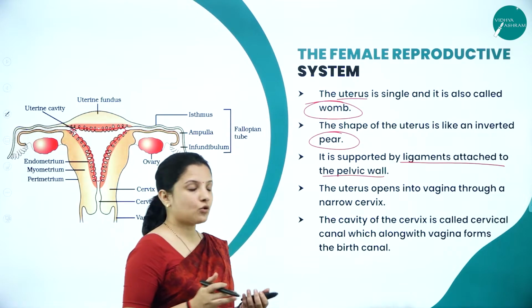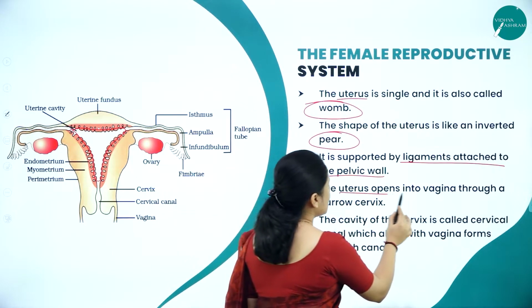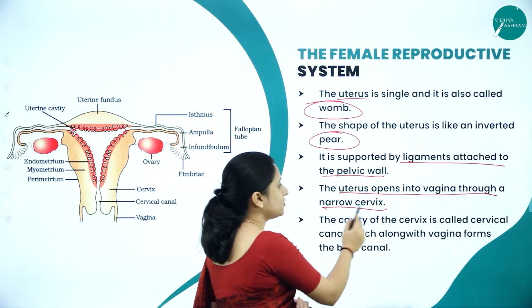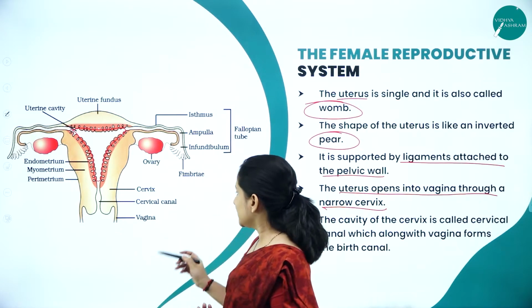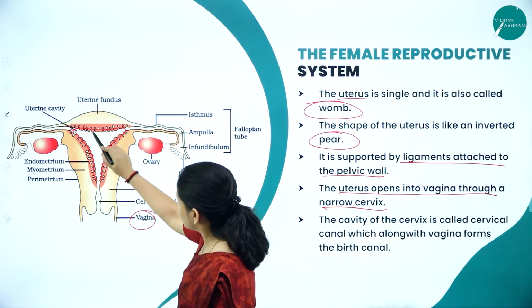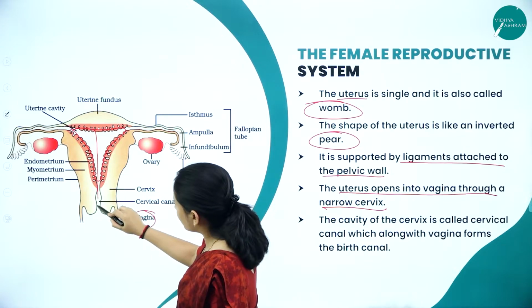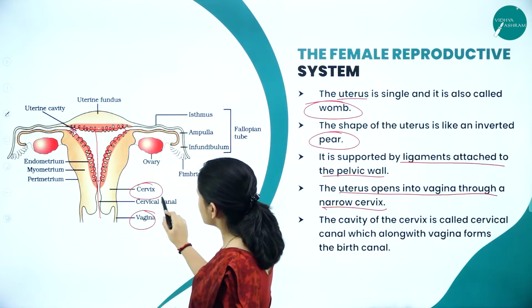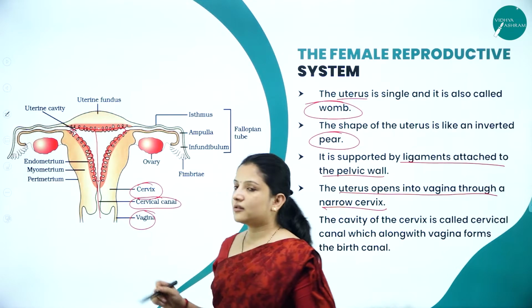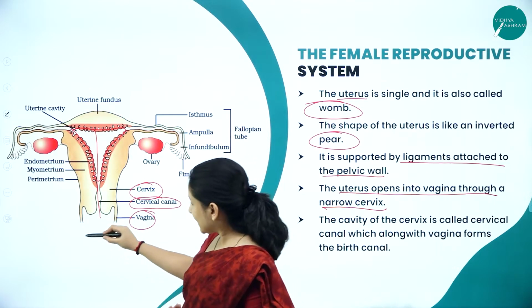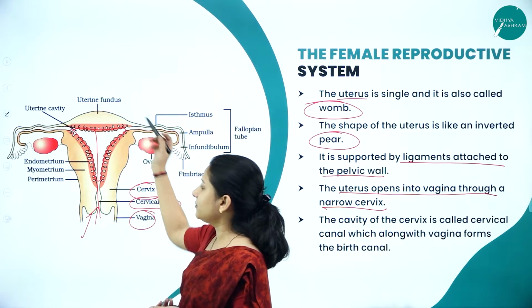Next, the uterus opens into the vagina through a narrow cervix. As you can see, it opens into the vaginal part through a very narrow cervical canal, and then the vagina. It is through the vagina that the sperm enters.